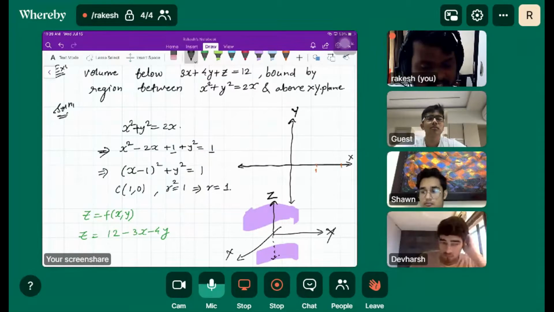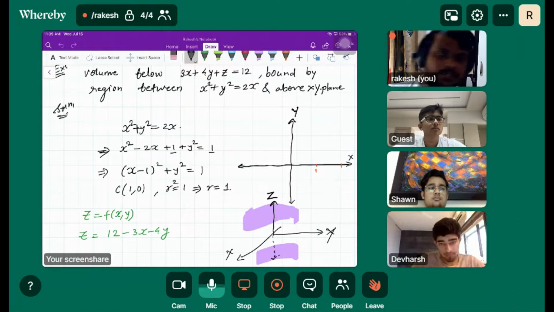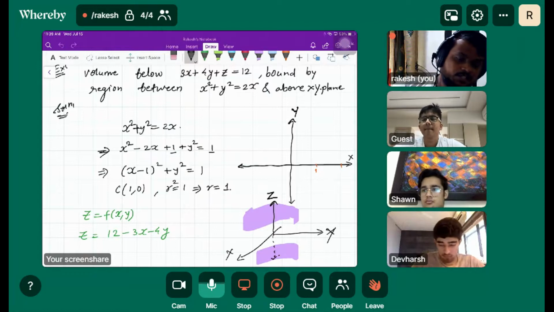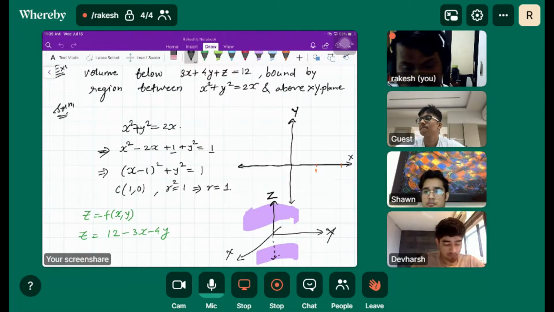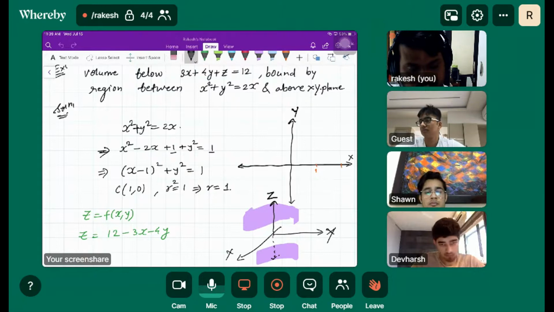So my region is x square plus y square is equal to 2x, which is nothing but the circle of center 1 comma 0 and radius 1, right? So let me draw that.